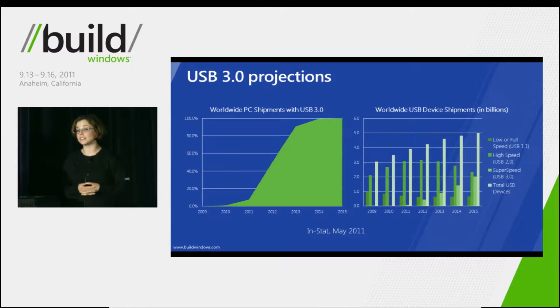And by 2015, we're expecting that there are going to be about 3 billion USB 3 devices on the market. So in order to really take advantage of USB 3 performance that Yang demonstrated, you need both the device and the host to support USB 3. And so with the rapid adoption in the PC space and the growth we've been seeing, there's a great opportunity for devices to take and create this experience.